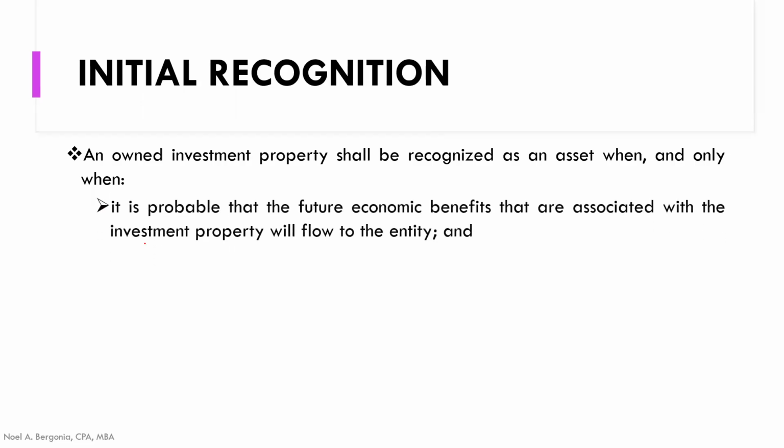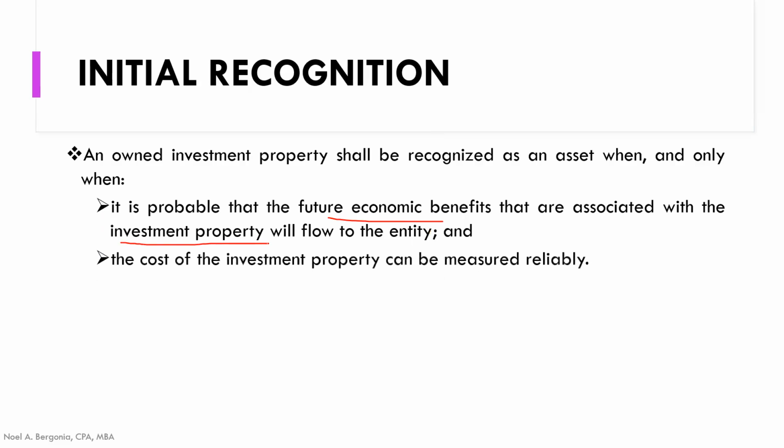First, no, it is probable that we will have future economic benefits associated with this investment property. Okay. And also the cost of the investment property can be measured reliably. So this is just the typical recognition principle natin, similar to the other assets that we have discussed already. Probable, and the amount can be measured reliably. Okay, so that's the recognition principle.